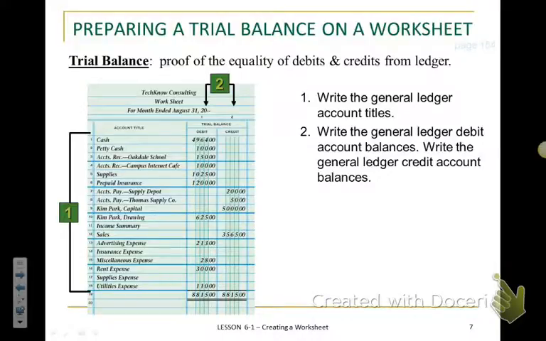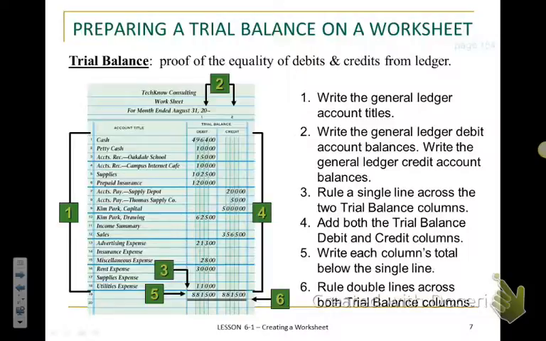But you would put all of those accounts in. Assets are in liquidity order, so what should be first always? Cash. What comes after cash? Good, petty cash. What comes after petty cash? Right, and if you had more than one account receivable, it would be alphabetical, okay? What comes after accounts receivable? What comes after supplies? Prepaids, right?